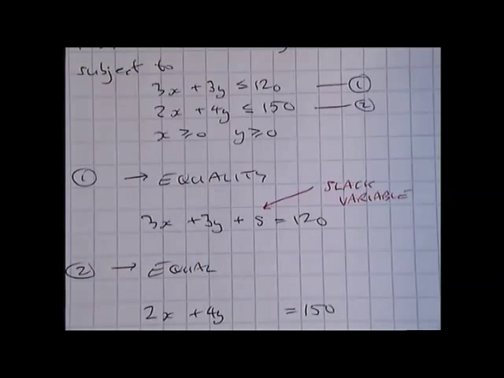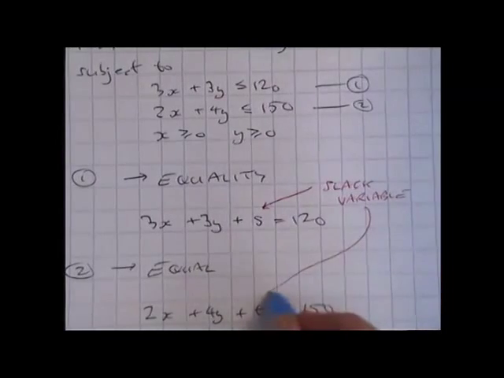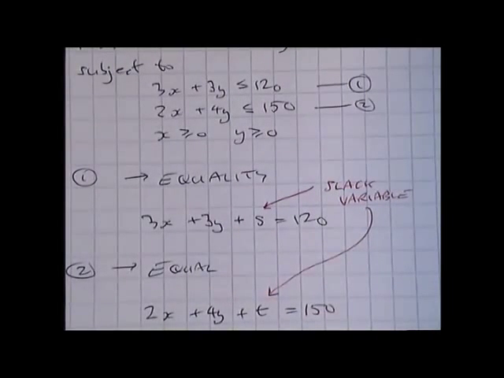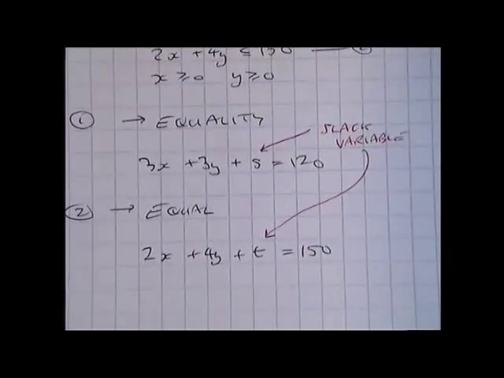Just think alphabet. After S? T. Okay, yeah. We just use T for the next one. So here, that T is another slack variable. Okay? So the first thing we've done then is we have changed from 2 inequalities into 2 equalities. Okay?